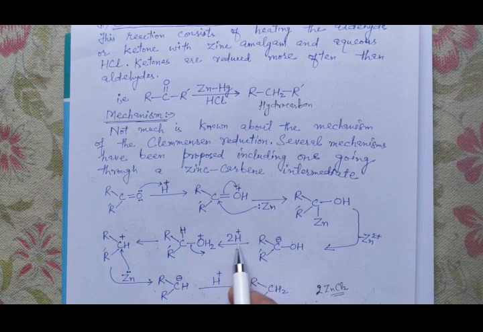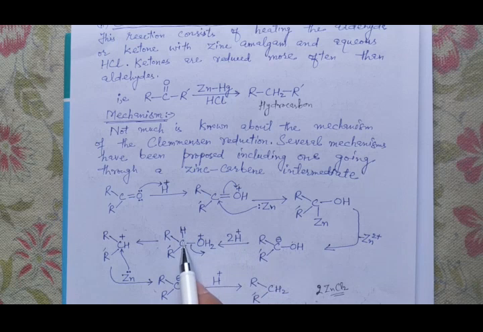So what is happening in the next step? This negatively charged carbon gains a proton from the medium, and this hydroxyl group also gains a proton from the medium. So simultaneously two protons are being utilized here.